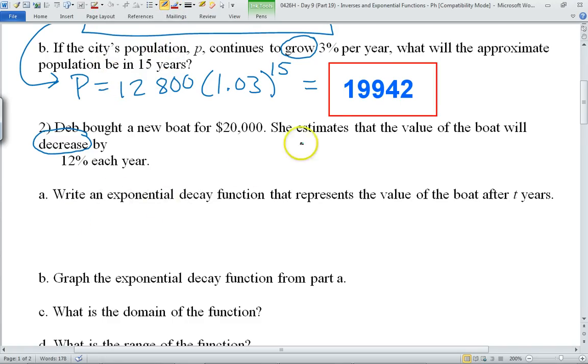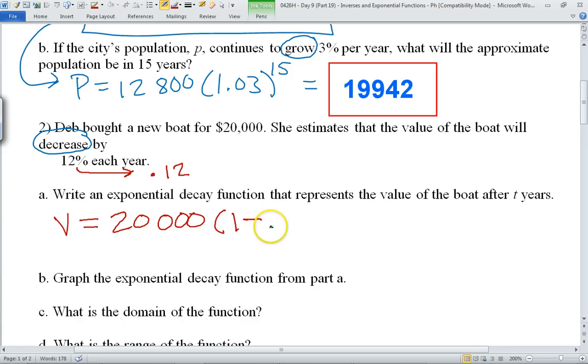Okay, so the value of a boat. So I'm going to use V equals the initial value, 20,000, times 1 minus the rate. The rate is 12%. 12% is 0.12.